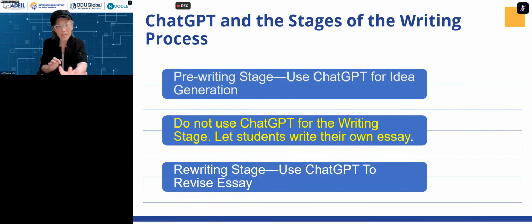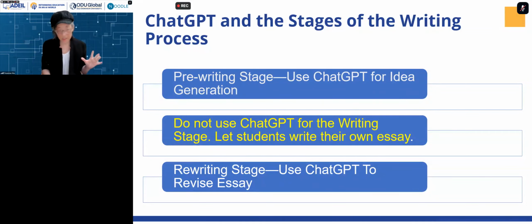And in the writing stage, students will also have to do the old-fashioned way of looking up their sources, going to the library, because ChatGPT, at least 3.5, hallucinates sources. So you still have to do your own research and write your paper. But you can use ChatGPT for brainstorming in pre-writing, and you can use ChatGPT in rewriting for revision. In the next few sessions, I'm going to talk about how ChatGPT helps the writer in both the pre-writing stage and in the rewriting stage.